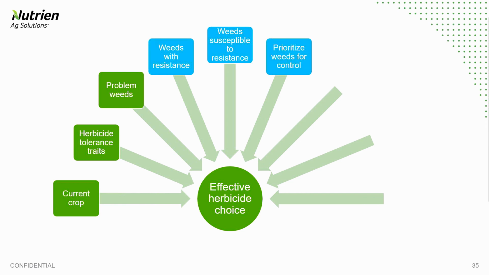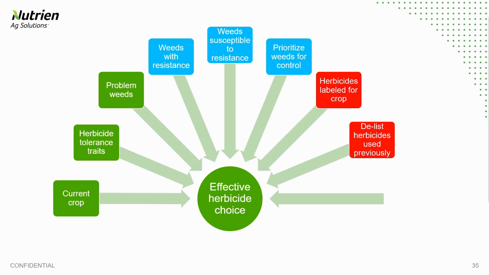Sixth, the grower then prioritizes the weeds that are most important to manage at the highest level. Seventh, the grower then identifies which herbicides are labeled for the crop and the crop genetic traits that he selected to be grown in the field.